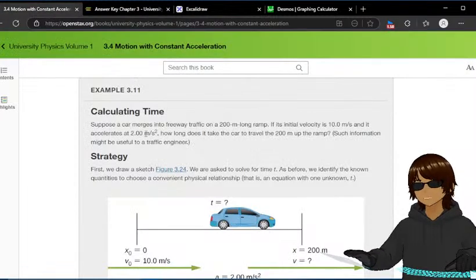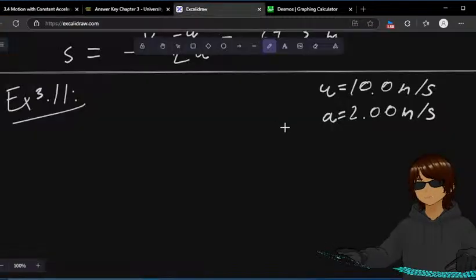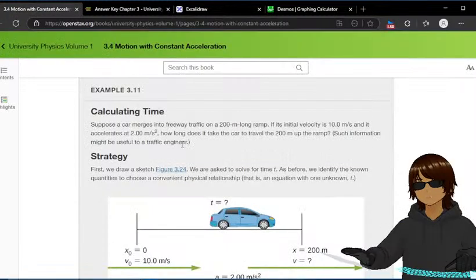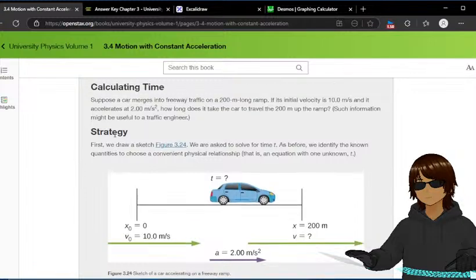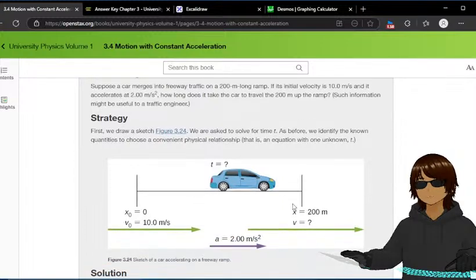How long does it take the car to travel up the 200-meter ramp? They gave us u and they gave us a. We need to find time t.